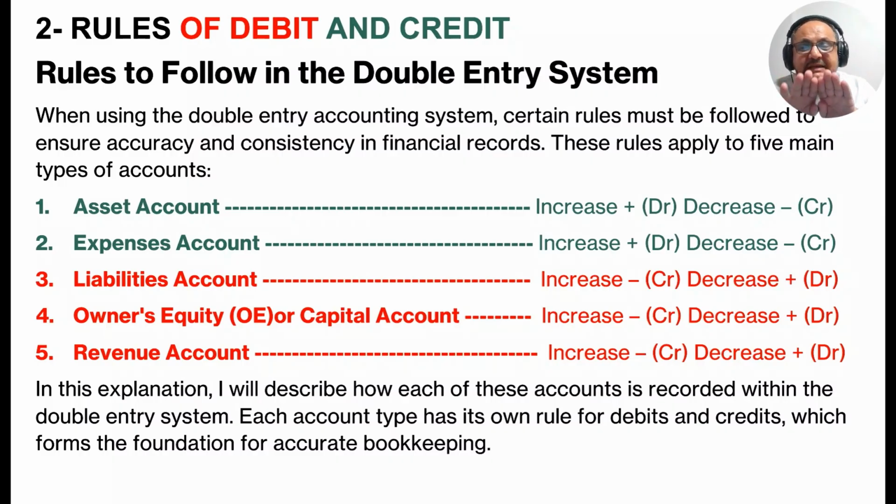So an increase in liability is recorded as credit. After one year, when I pay back the 50,000 loan I received from the bank, that's recorded as debit. I'm no more liable to pay this.